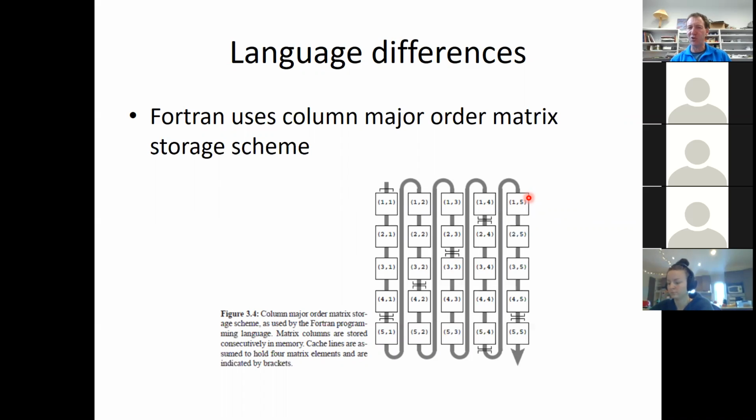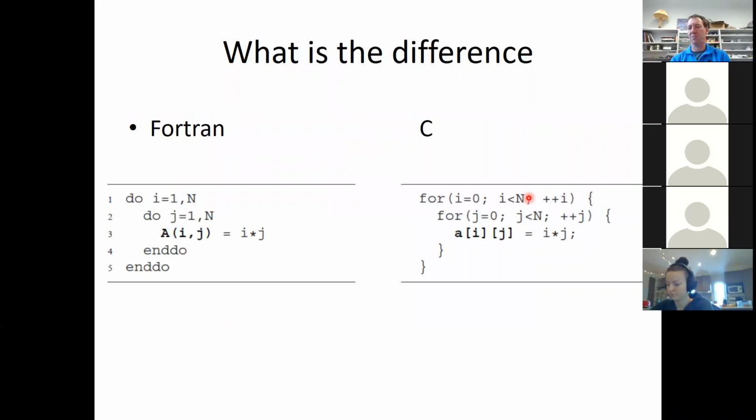So be aware that there are language differences, and you have to understand which language has which memory access pattern, and then write your code accordingly. For example, to optimize this code in Fortran, you would swap these two loops, making the I the inner loop and the J the outer loop, and then it would have the same or similar performance as the C code.